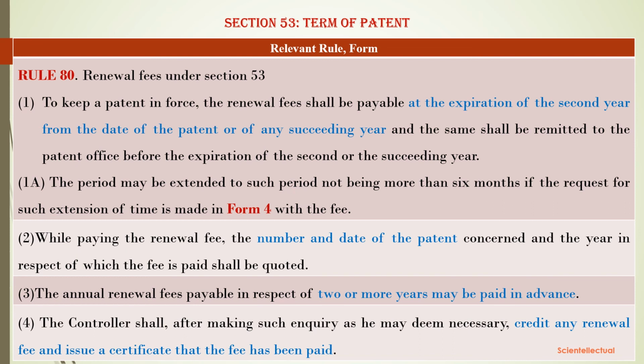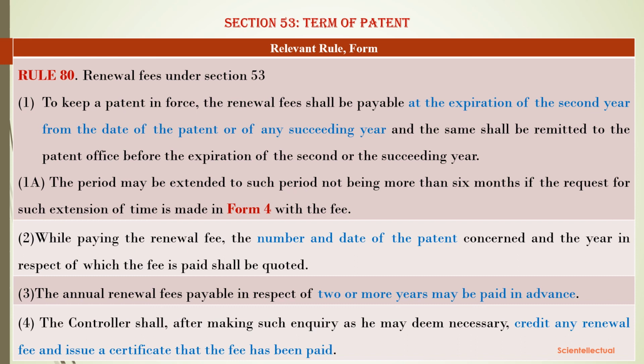The period may be extended to such period not being more than 6 months if request for extension is made through Form 4 with fee. While paying renewal fee, number and date of the patent and year in respect of which the fee is paid should be quoted. The annual renewal fee payable in respect of 2 or more years may be paid in advance.